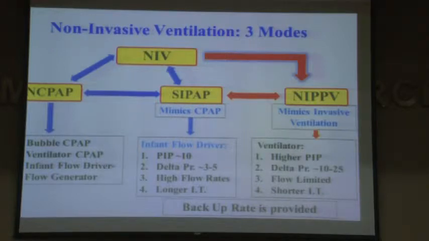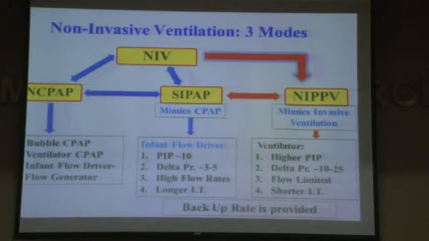So that is BiPAP. The third one is NIPPV, nasal intermittent positive pressure ventilation. That is like invasive ventilation. It mimics invasive ventilation without an endotracheal tube, using a nasal interface to deliver NIPPV. Why do I say that?